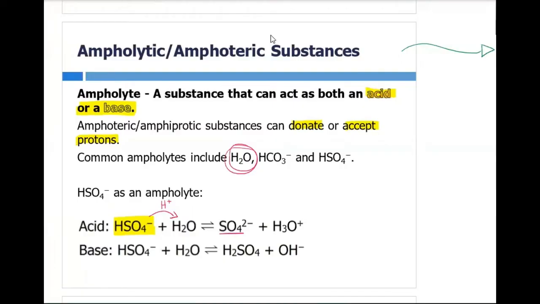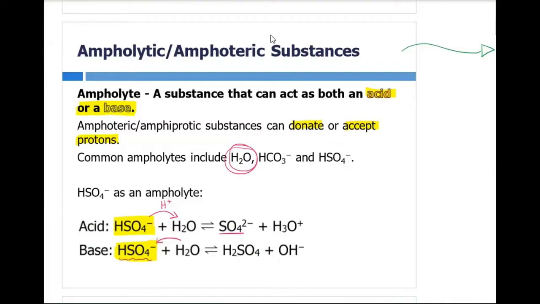However, if we tell you that in this reaction it does actually act as a base, you need to write the full reaction, then we know water is acting as the acid.